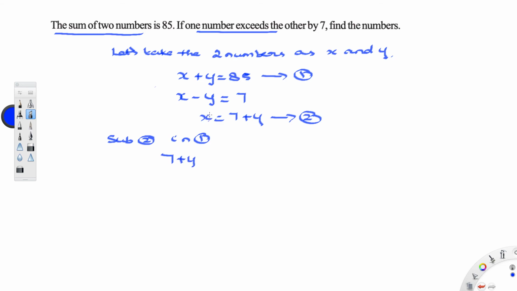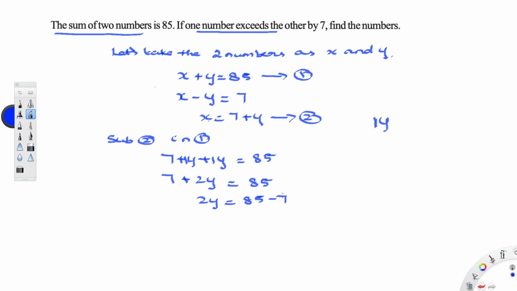Instead of x, I will write 7 plus y is equal to 85. So 7 plus y, and y means the coefficient is 1. So here 1y plus y is 2y, equal to 85. So 2y is equal to 85 minus 7.